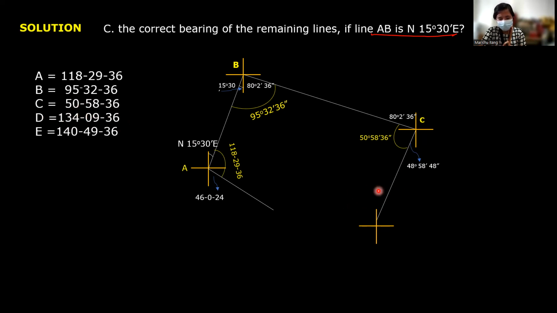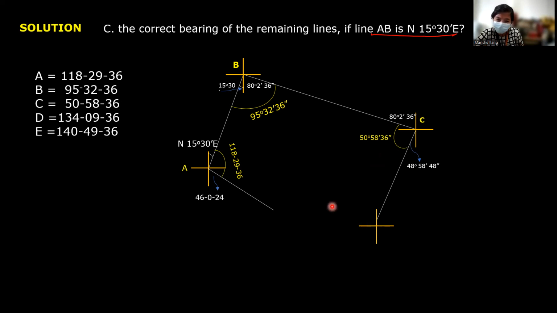Let's check. We have 134 degrees, 9 minutes, 36 seconds, minus 36. So we have here a remainder of 85 degrees, 10 minutes, 48 seconds. So we did not go past the next quadrant.